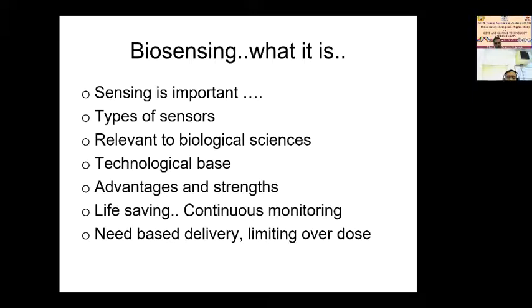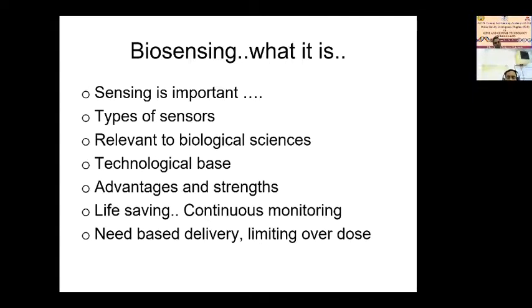So we have to integrate these sensors with a need-based delivery mechanism, limiting the overdose of drugs. As you know, we have a glucometer, and now continuous monitoring glucometers are also there. You clamp them onto a part of your body from the outside, and they keep recording your sugar level round the clock.